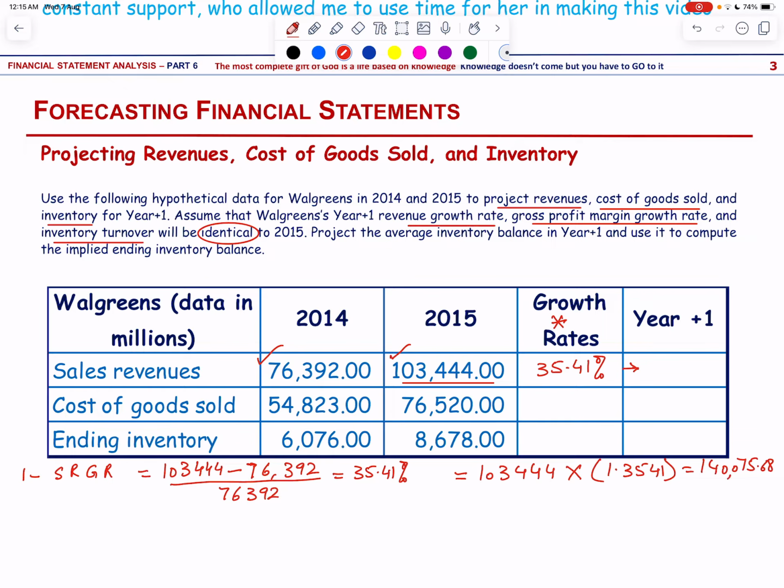So the projected sales for the next year will be 140,075.68.